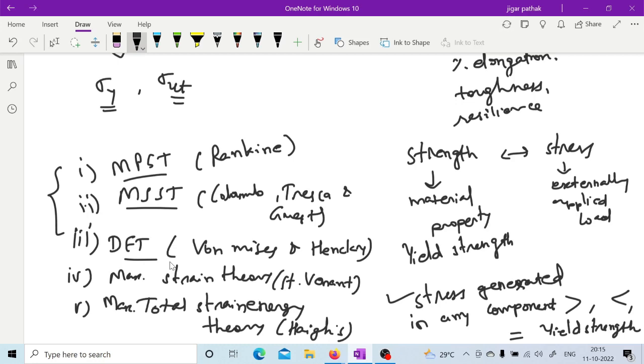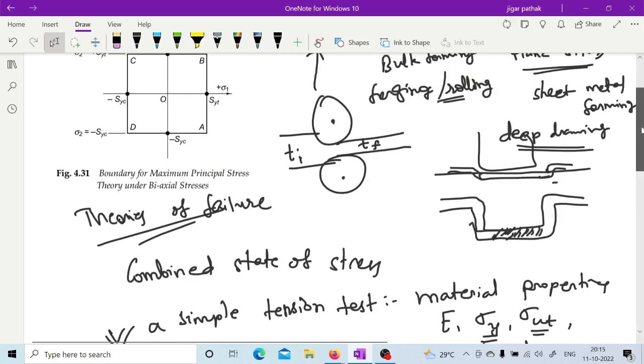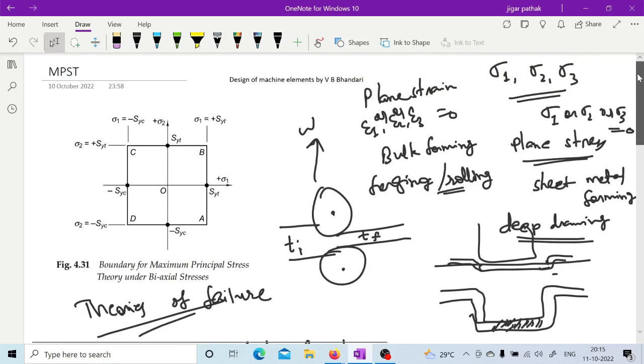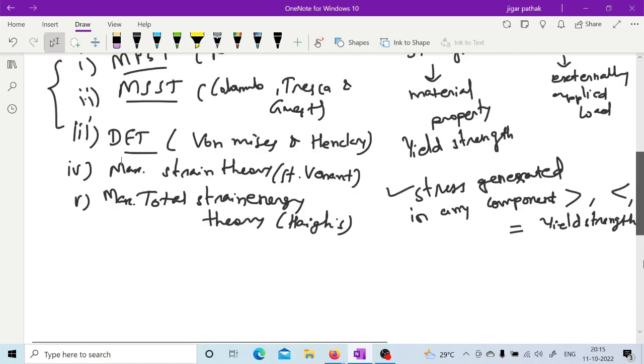If we go one by one, first is the maximum principal stress theory. The envelope for this is given, and we will come to it later.